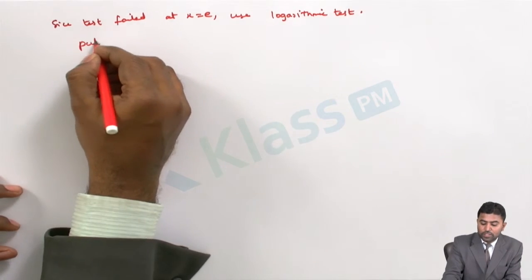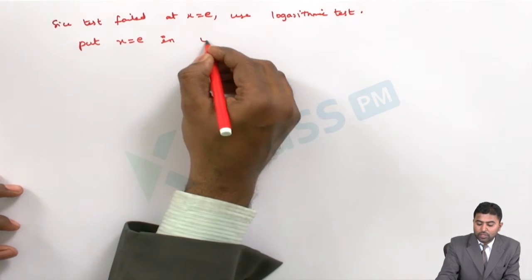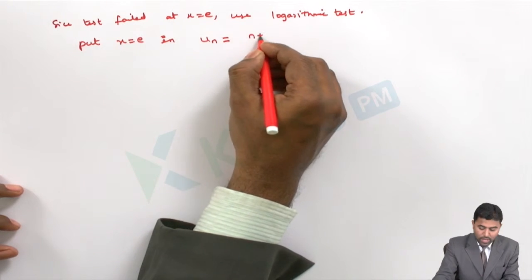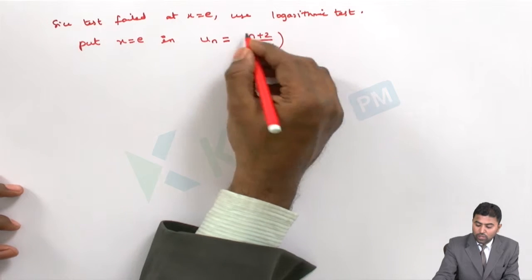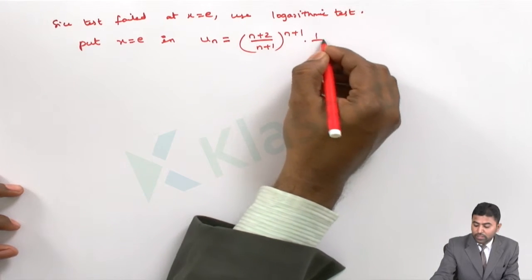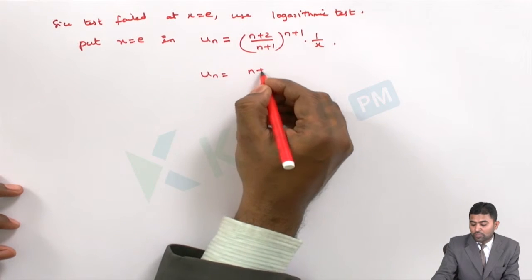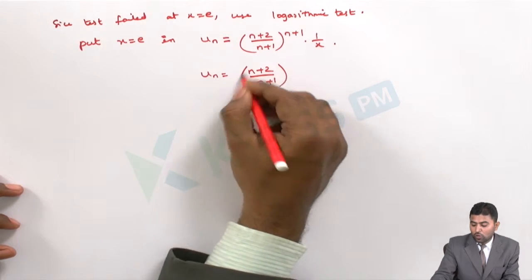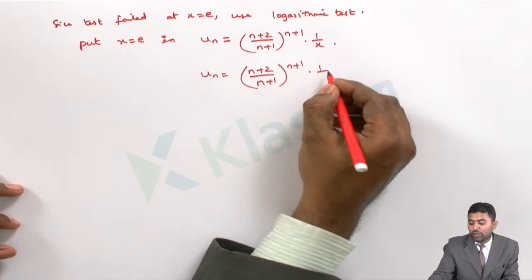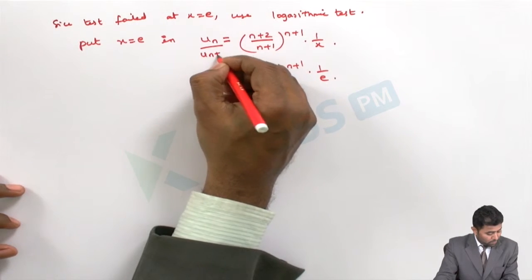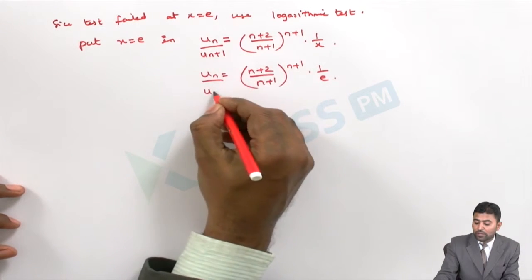Okay, so put x equal to e in un is equal to n plus 2 by n plus 1 whole power n plus 1 into 1 by x. So which becomes un is equal to n plus 2 by n plus 1 whole power n plus 1 into 1 by e. This is un by un plus 1, right?